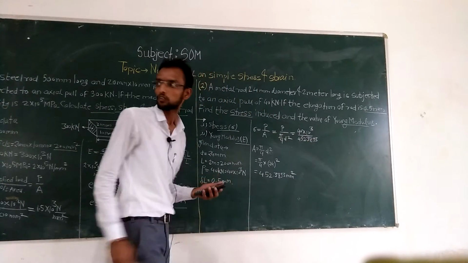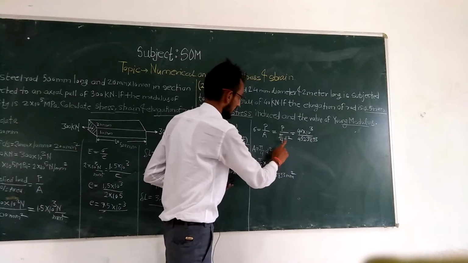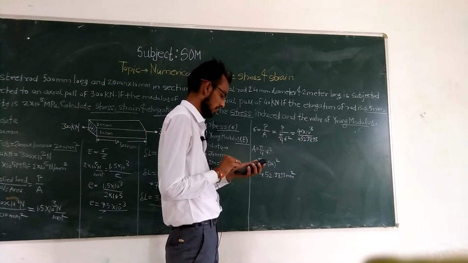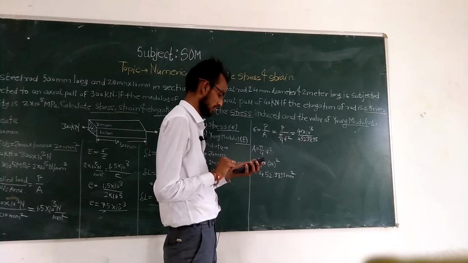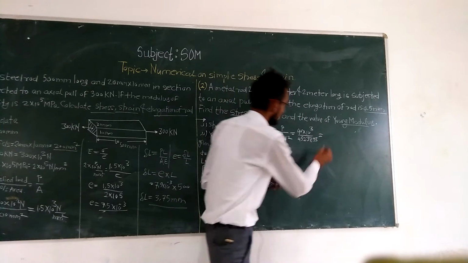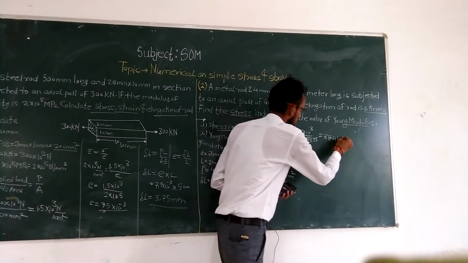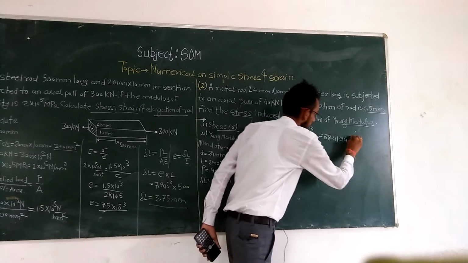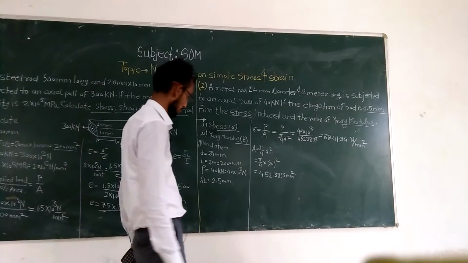Calculating on the calculator, 40 into 10 raised to 3 divided by this, the value of sigma is equal to 88.4194. This is the value of stress, and the unit of stress is Newton per mm square.